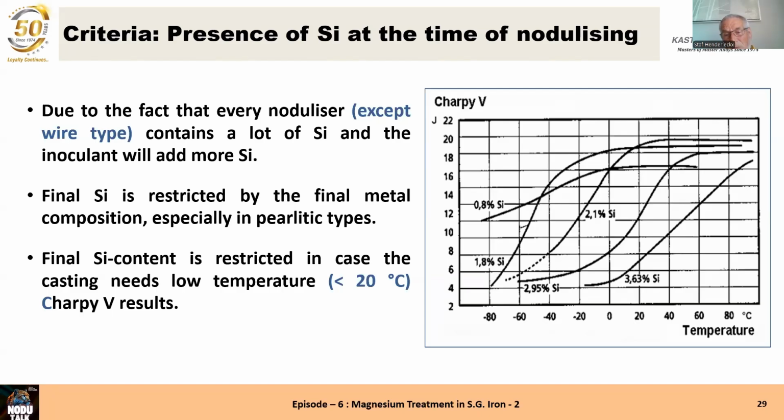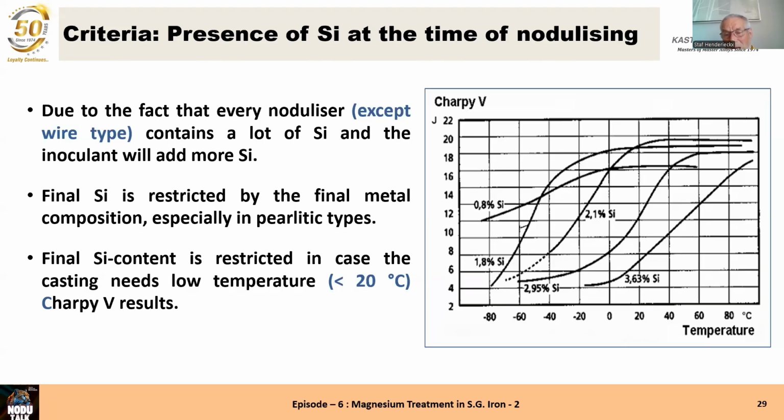If you go from 1.8 silicon, let's say, to 2.1, you immediately have already 12 Joule for the Charpy V, you have already from minus 30 to less than minus 20.